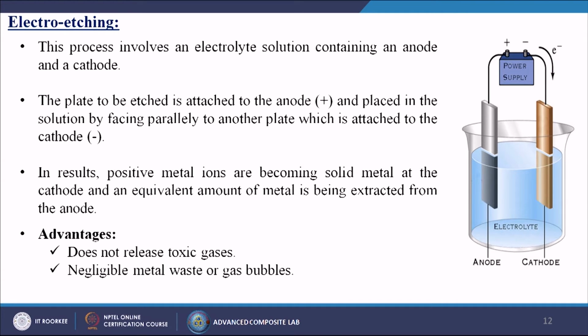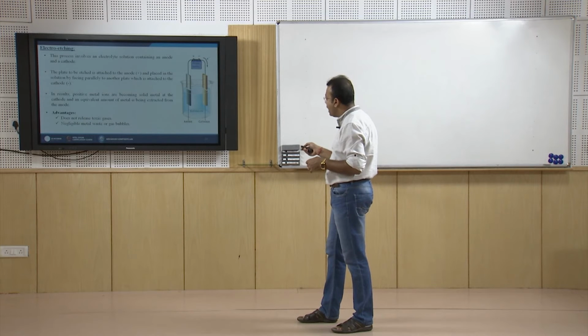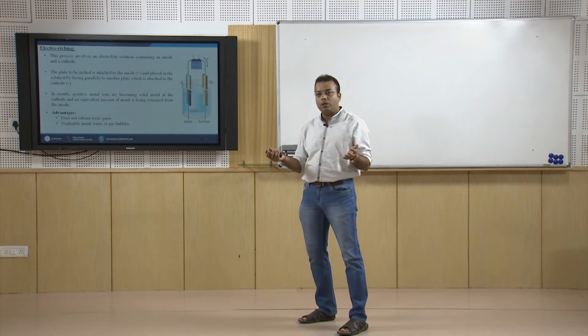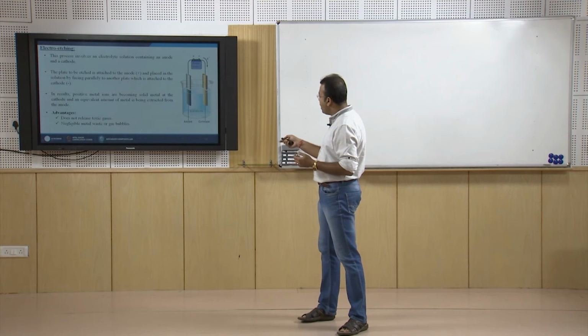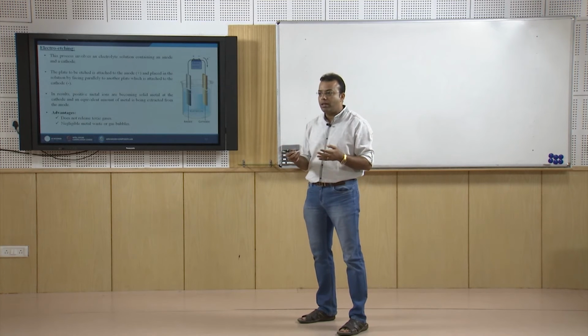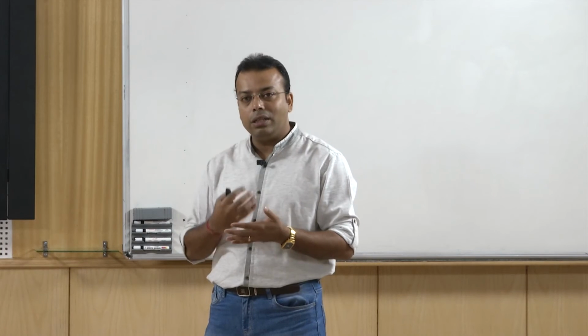As a result, positive metal ions become solid metal at the cathode and an equivalent amount of metal is extracted from the anode. So, from this anode, the material in ion form will come and deposit onto that. In this way you can modify that particular material, or by keeping your material on the anode side you can also clean the outer surface of your material.